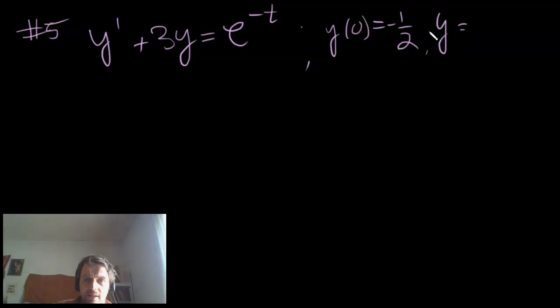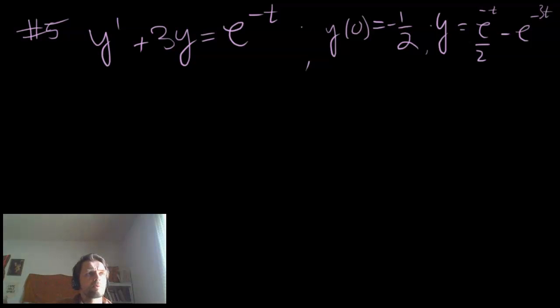And we want to verify that the initial condition y of 0, or y naught, is negative a half, and y could be, in this case, e to the negative t, the whole thing divided by 2, minus e to the negative 3t. Okay, great.